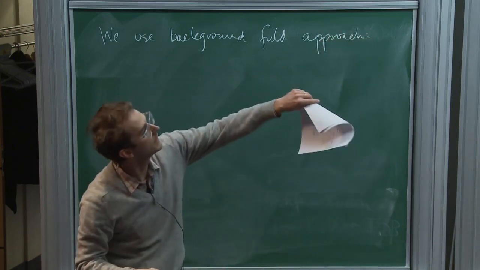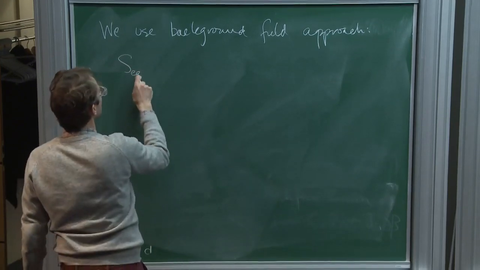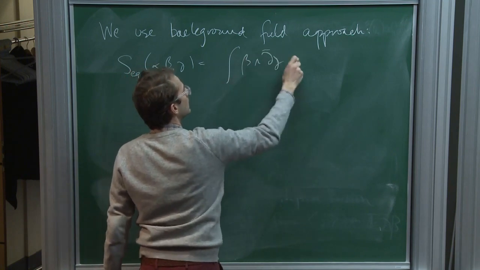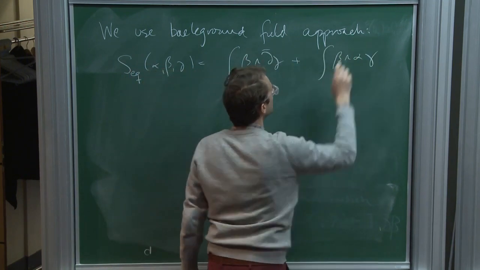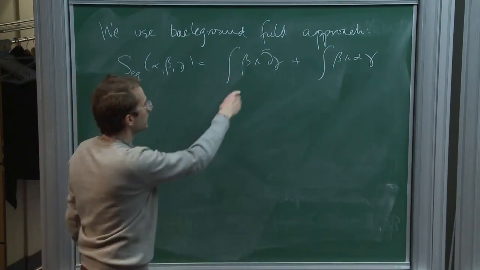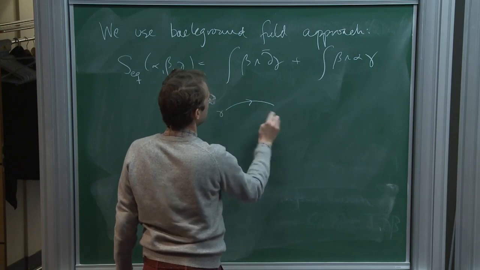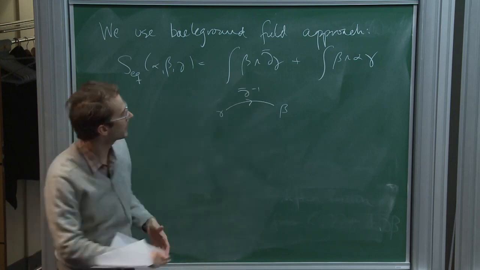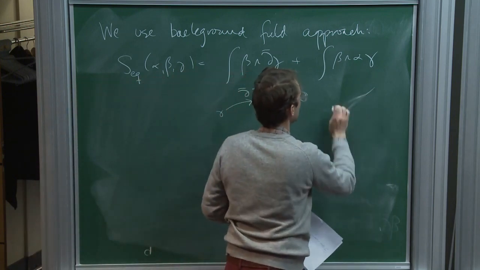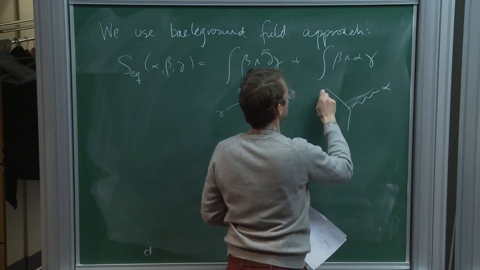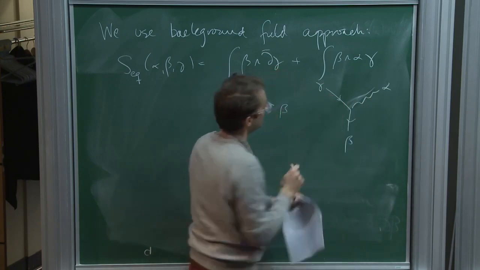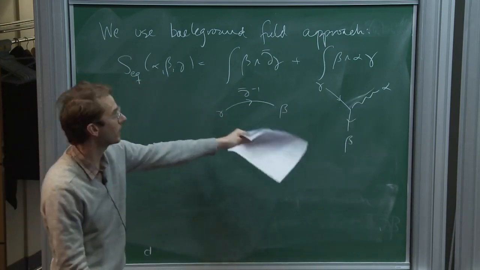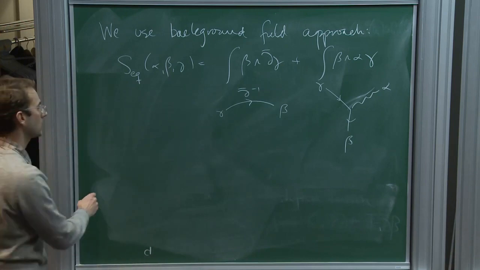So let me just remind you of this equivariant action. If you're used to doing perturbative stuff, you can tell that this thing tells you what your propagator is. If you start doing the Feynman diagrams, this is telling you what the propagator is. And then you have this trivalent vertex. You can ask, if I try to quantize this just in the usual way, what kind of graphs show up? Only very simple graphs show up.